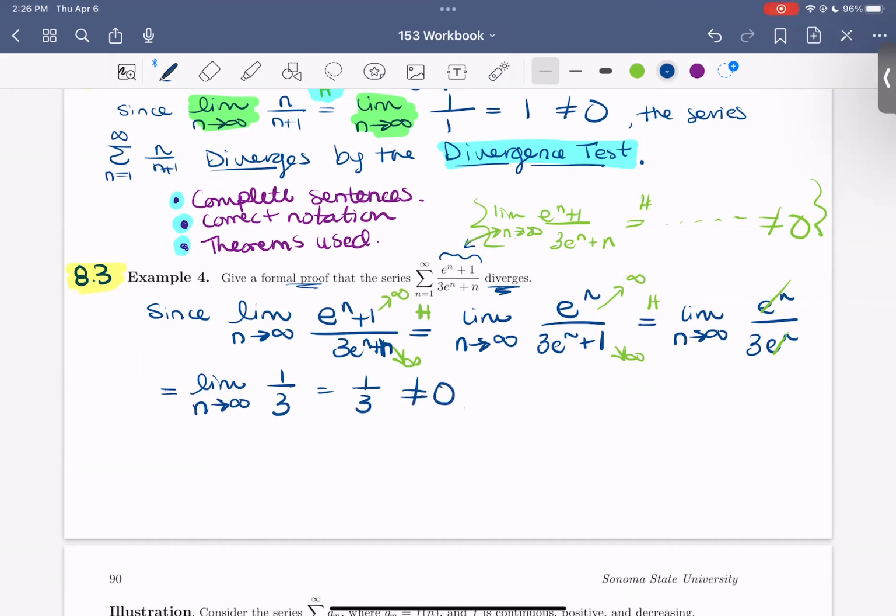So since this limit is not 0, that means the series, the sum from n equals 1 to infinity of (e^n + 1) over (3e^n + n), diverges by the divergence test.